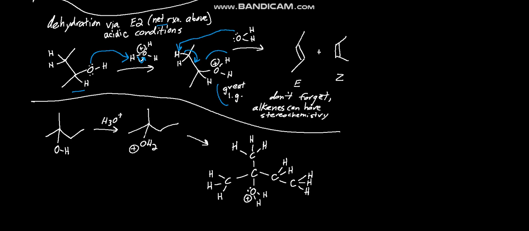These electrons fold in and kick off that great leaving group, producing E and Z isomers of this alkene. Probably the E is going to be predominating because E alkenes are typically lower in energy, more stable. So don't forget that there's the possibility of E and Z isomers anytime you produce an alkene.